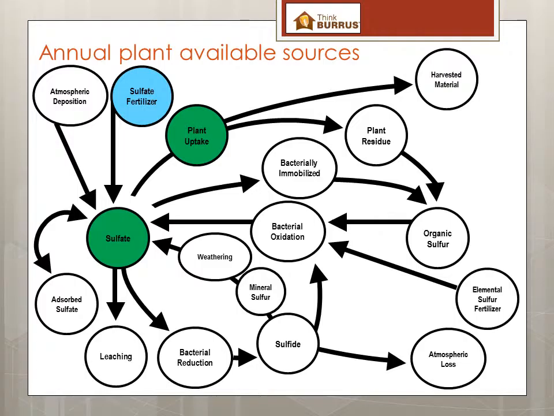The plant will draw water into it, and because sulfate is floating in the soil water, it will be taken in with those water streams, and that means something. It means that sulfate fertilizers quickly reach the goal. They go from fertilizer application to very quickly plant uptake. It's a very efficient process.